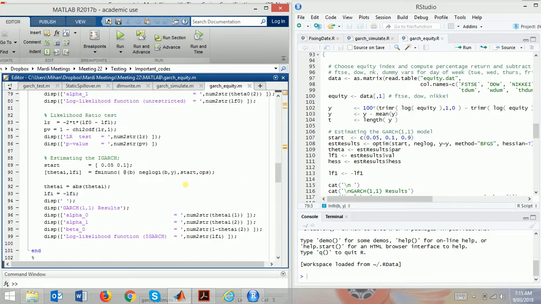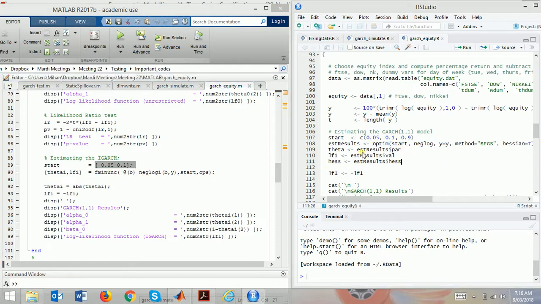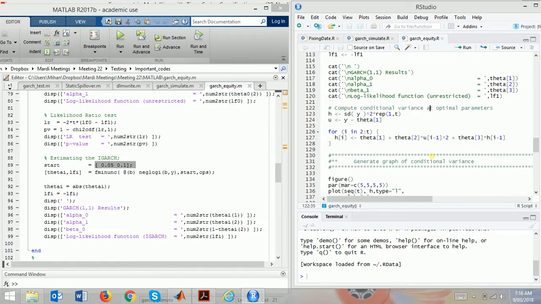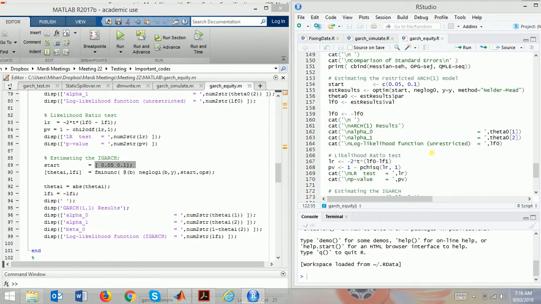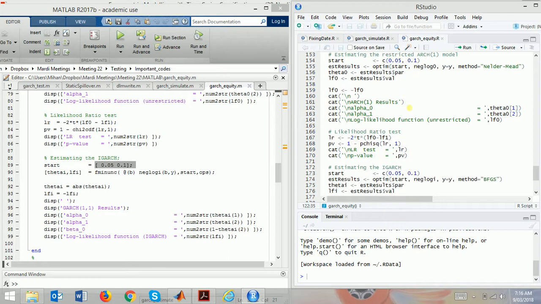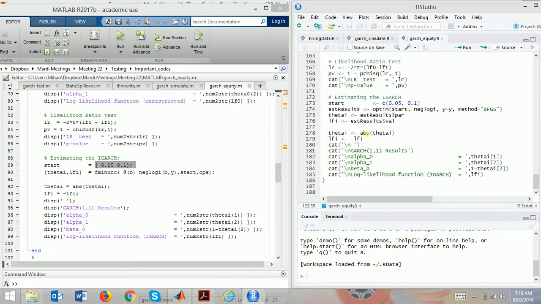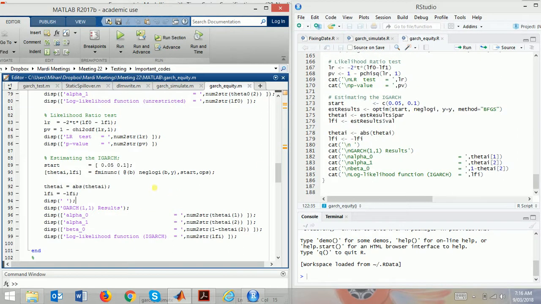In estimating the iGARCH, we start with estimated parameters 0.05 and 0.9, because we have 2 parameters here, not 3. Just like ARCH, our GARCH will start from 0.05, 0.9 for iGARCH, because we have only alpha naught and alpha 1 to estimate.